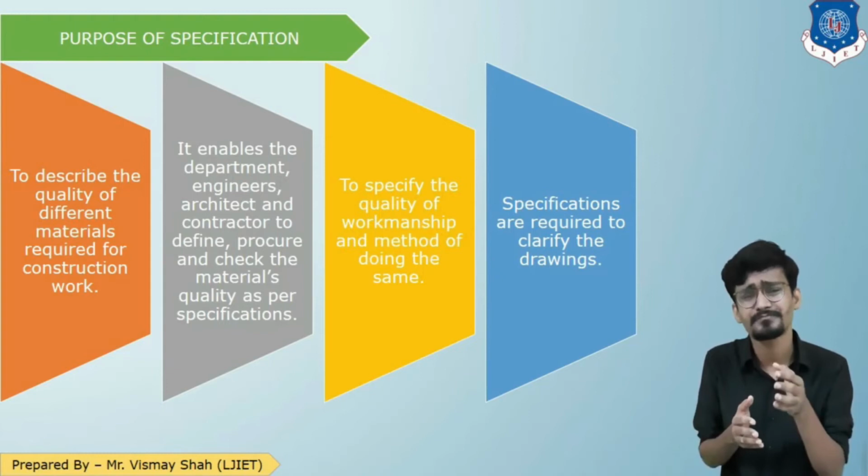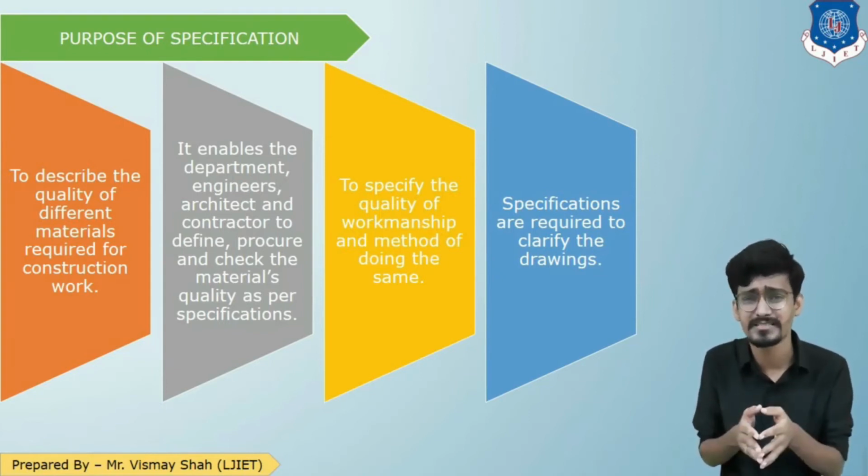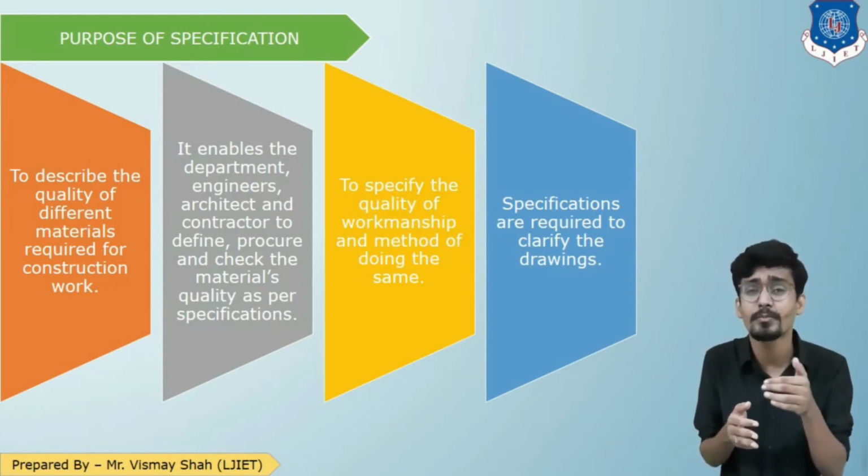So sometimes the specifications are required to clarify the drawings. Whatever details the drawing is trying to say, you need to provide in the specification. So these are the initial 4 purposes.